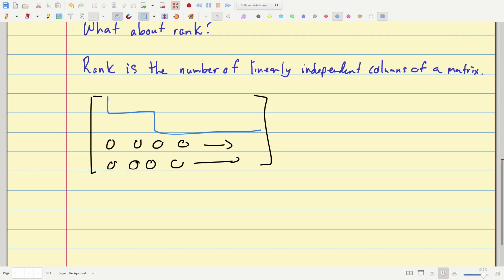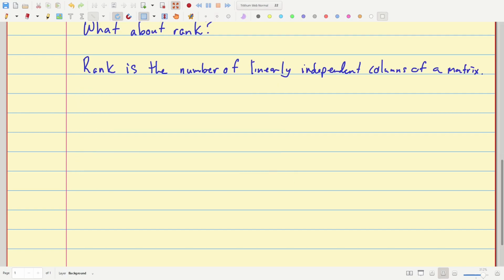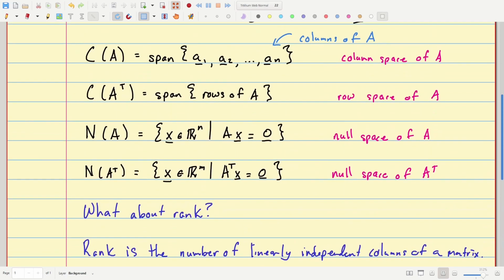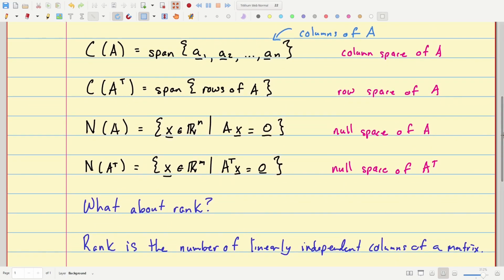That idea is correct. It's not stated in exactly the way that I was looking for, because I want to call back to what we're talking about. And what were you going to say? It's the dimension of actually either of these. One of the things that we'll find out is that the dimension of the column space is equal to the dimension of the row space.